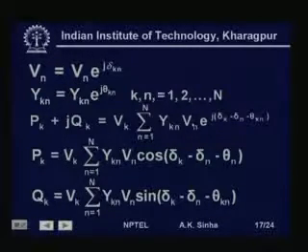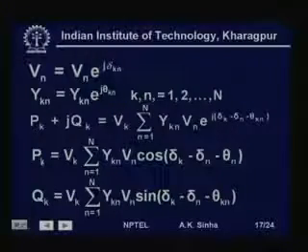Conjugate means the magnitude remains the same, the angle becomes negative. So, minus delta n, and y k n with an angle minus theta k n, because this whole term we have to conjugate. So, these angles delta n and theta k n are negative. This is what we get, and now we separate out the real and reactive part from this equation.